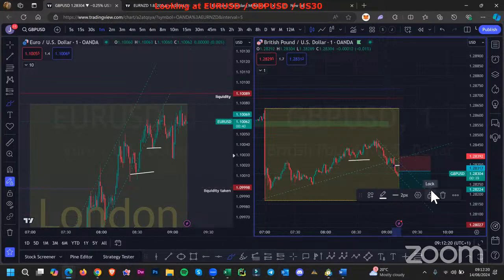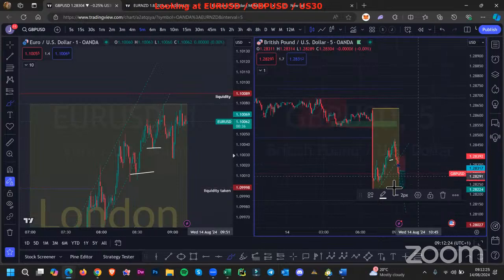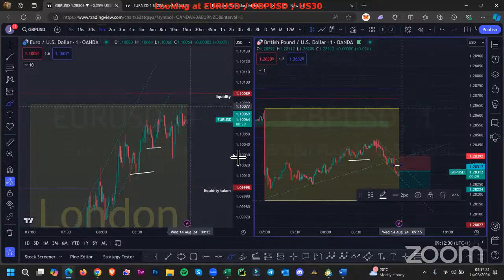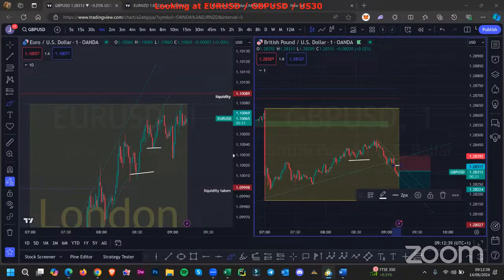If we do get a tap back into that area, let me zoom out my 5 minute. Maybe this market wants to continue going down now. Maybe GU has had enough, it's weak. On that basis, I'm just protecting my EU position of the profits that I have, as in, it looks like it might want to tap into a manipulation M again, and one that's a bit more compelling right now.